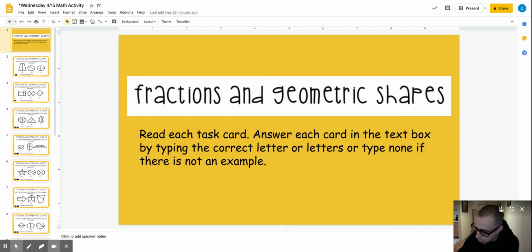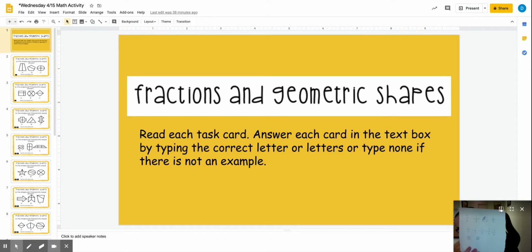So here, if I draw this square, okay, it's divided into 4 parts right here. So the unit fraction for that shape would be 1/4. If I looked at this shape here, I'm drawing a pentagon, meaning that there are 5 sides, and I've divided that pentagon here into 5 parts.